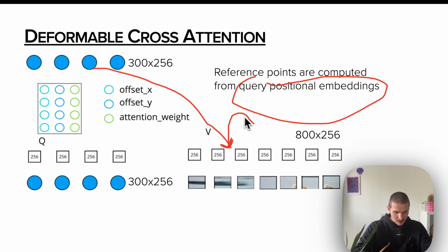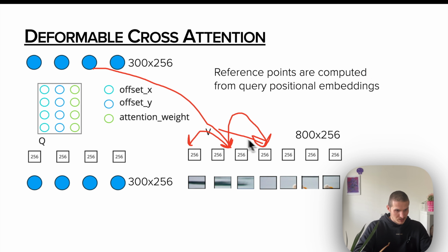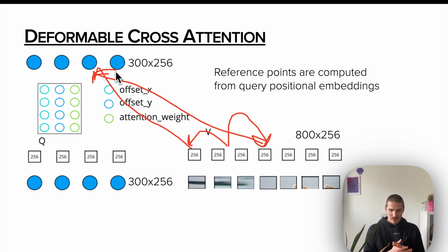Now our offsets will tell you that you need to look 2 pixels to the right, and they will tell you the actual offset, and maybe another one pixel to the left with the attention mask. And you use the weighted sum of these with the attention weights that you also got from your query to compute the output. So we have this extra step of also calculating the reference points based on initial query positional embeddings.